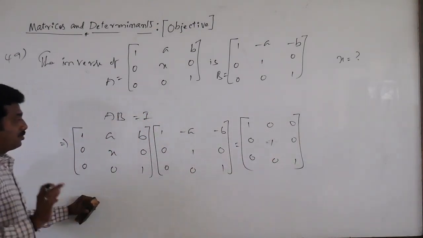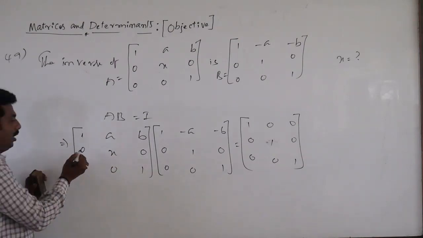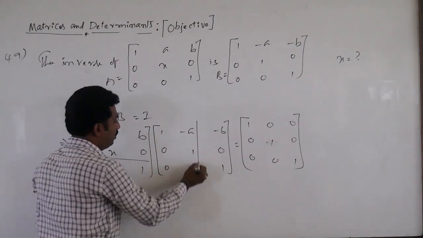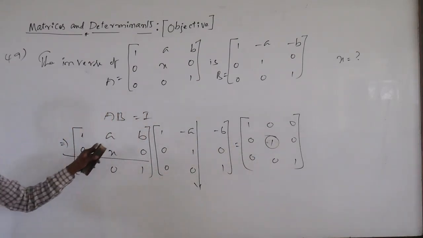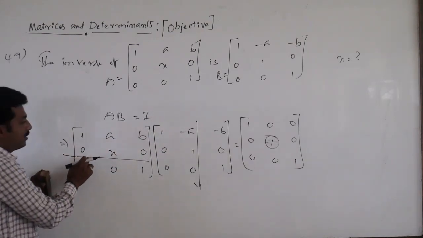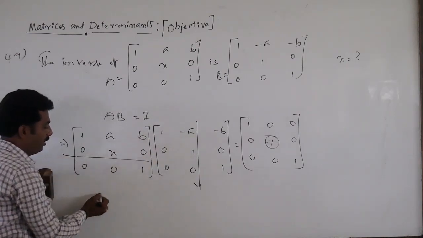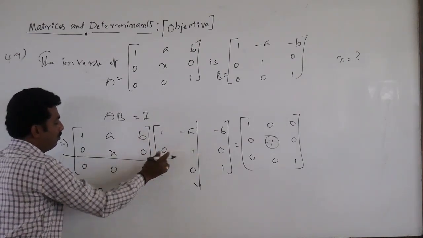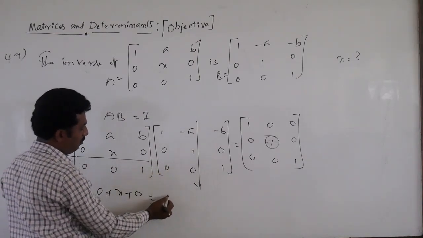Where X is, you have to observe. If you multiply the second row by the second column, 1 will come. So take the second row's corresponding elements with the second column: 0 into minus A, 0, X into 1, X, 0 into 0, equals 1.